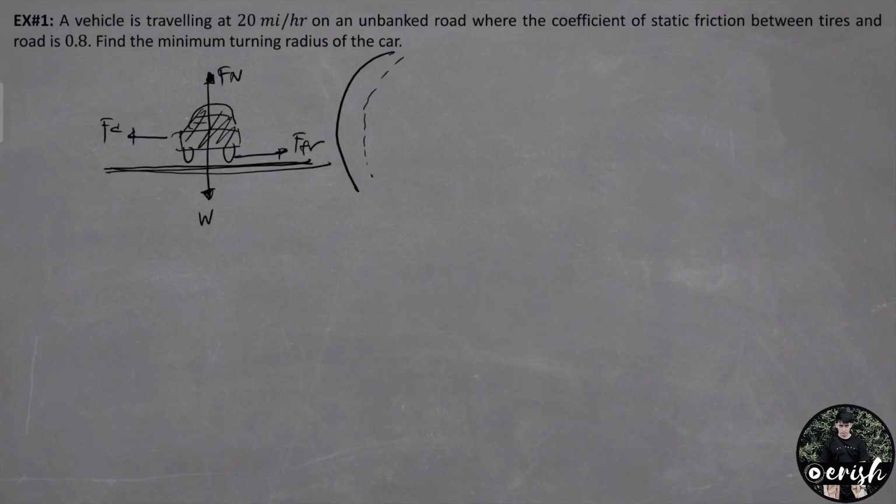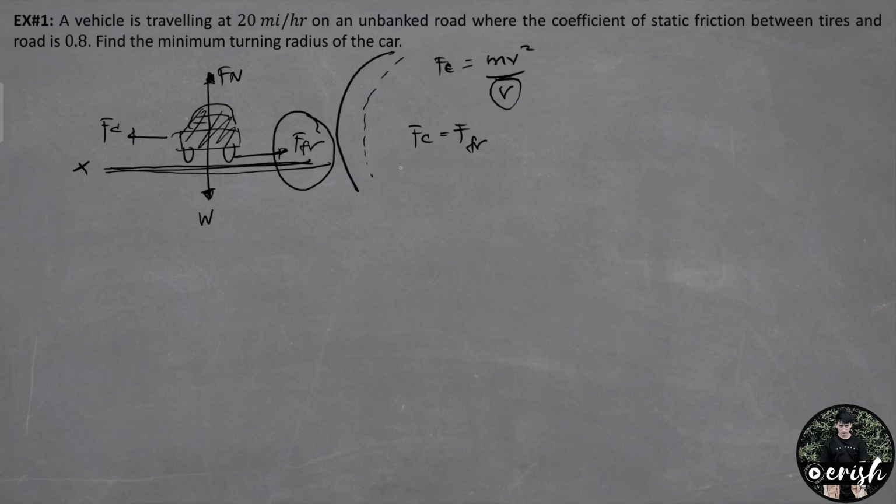To solve for the minimum turning radius, ang formula for the centripetal force is equal to mv square over r. So nandito yung radius, and to solve for the centripetal force, using the figure, centripetal force is equal to, eto lang yung force na kapareho niyang nasa isang component or nasa x component. So this is equal sa force of friction.